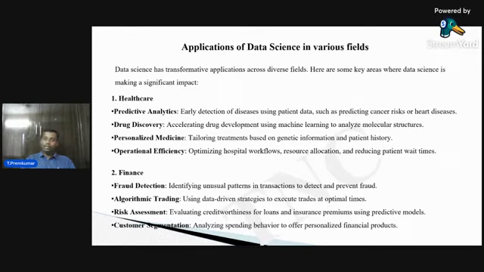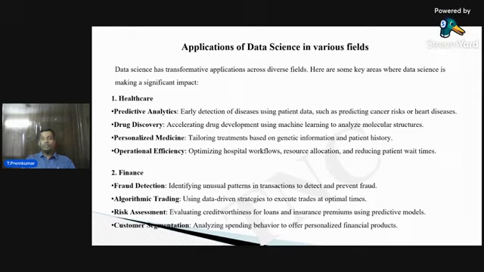When you take the healthcare sector, it is used for predictive analytics, drug discovery, personalized medicine, and also for operational efficiency. Predictive analysis means early detection of diseases using patients' data, such as predicting cancer risk and heart diseases.